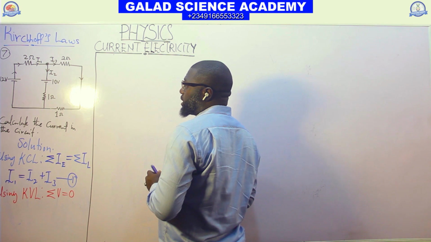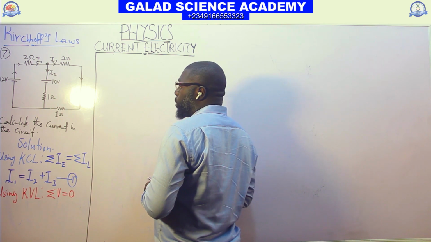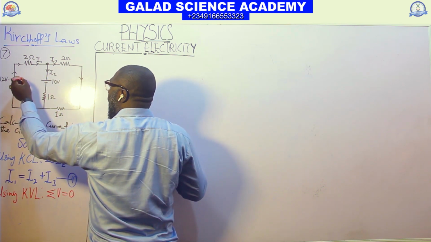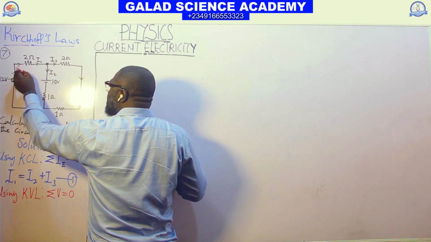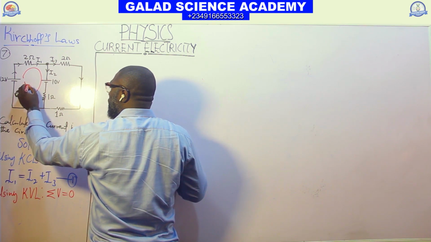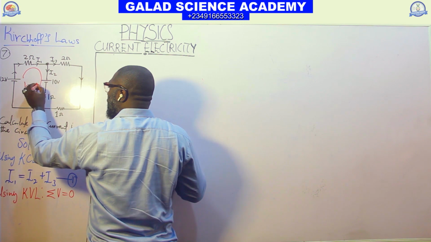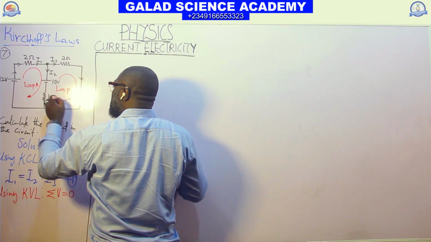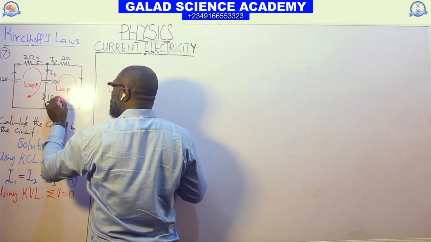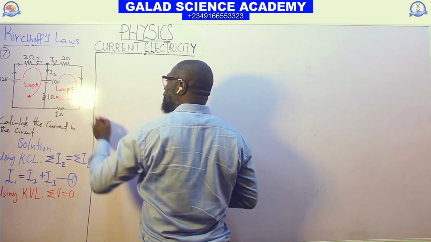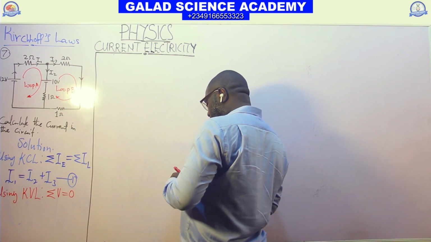So by doing that, this is the direction of the current. I can take my loop along this direction. This is loop A. This one will be loop B. Take it along these two directions. This is loop B. So what happened to the loop?